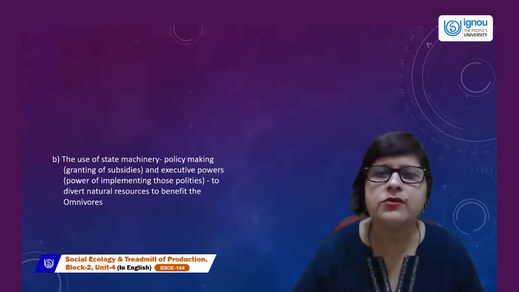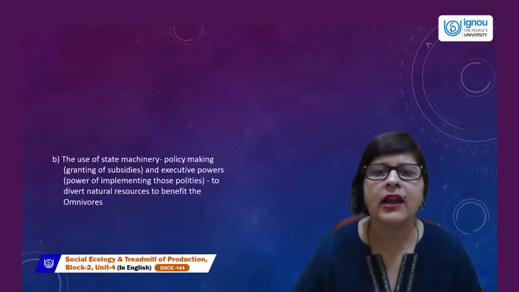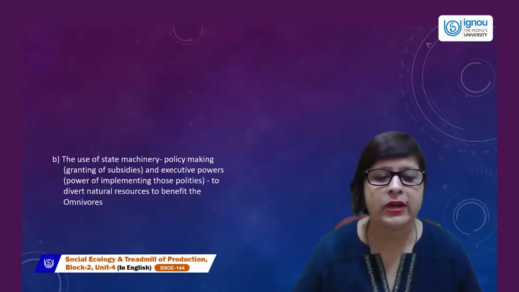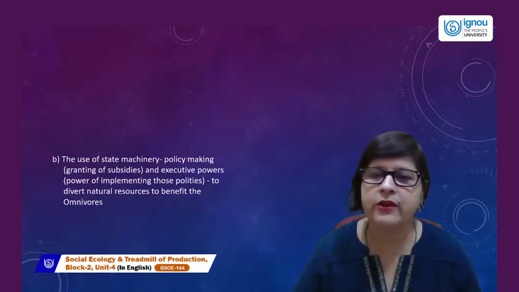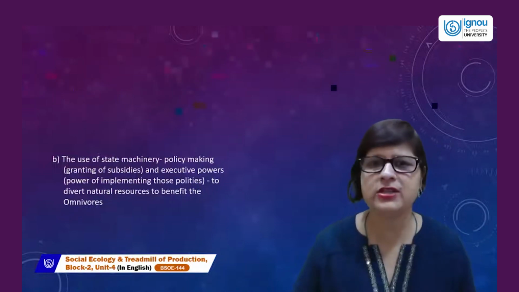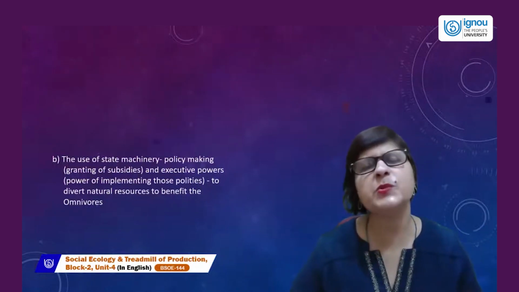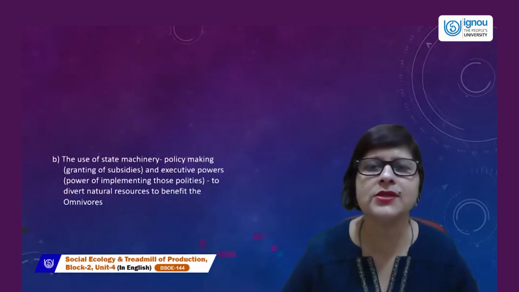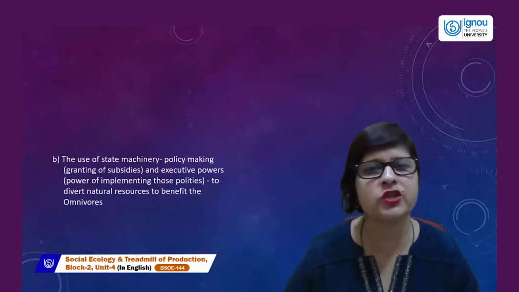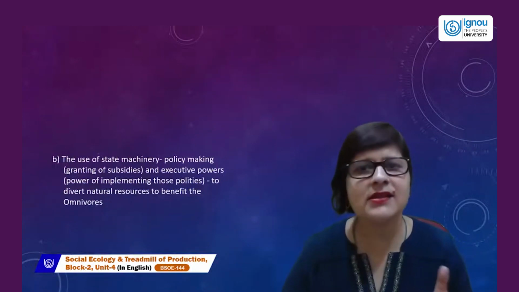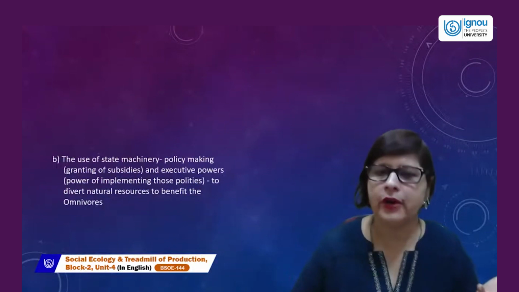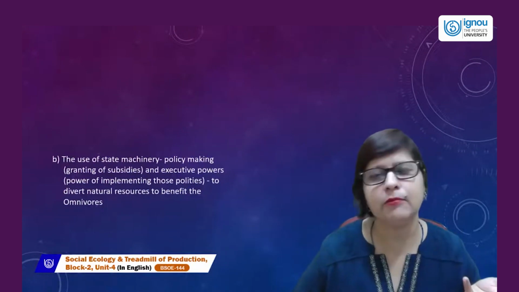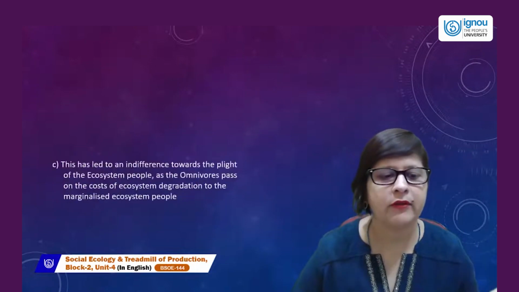And the state machinery, that is policy making and executive power, is used to divert natural resources to benefit the omnivores and the privileged. Our state always preferred omnivores. They diverted the natural resources towards the omnivores or the privileged ones. And this is another reason for the asymmetric growth between the omnivores and the marginalized ones.